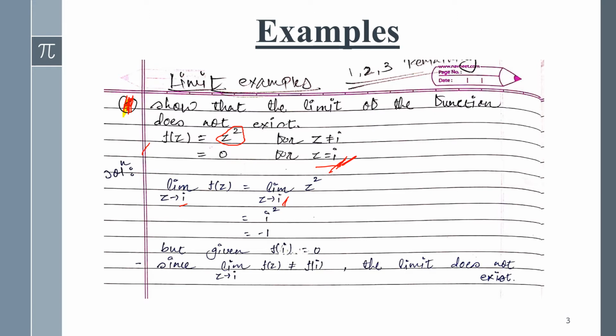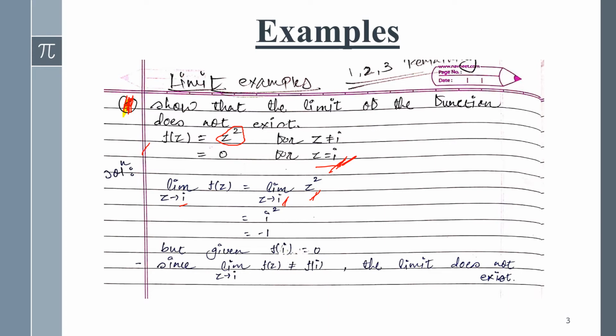Or sometimes it will be z does not equal 0 and z equals 0, or it can be z equals -1 and z equals +1. The question format may be like this, and at the end you have to put the values of z for these particular functions. So I'm putting i square, and i square equals -1.